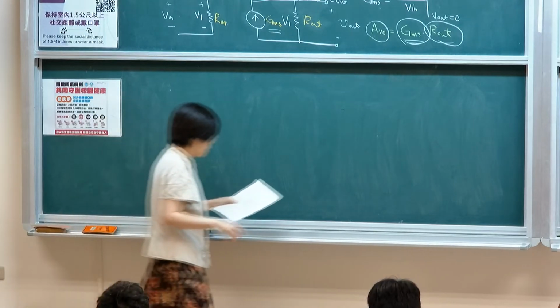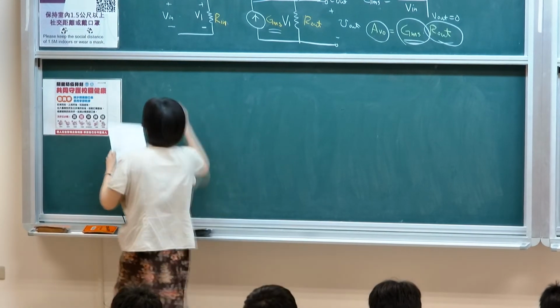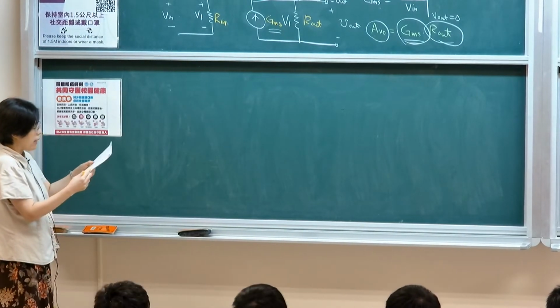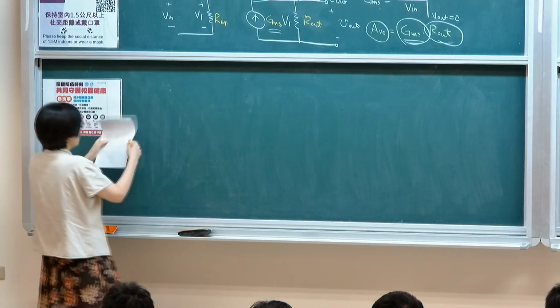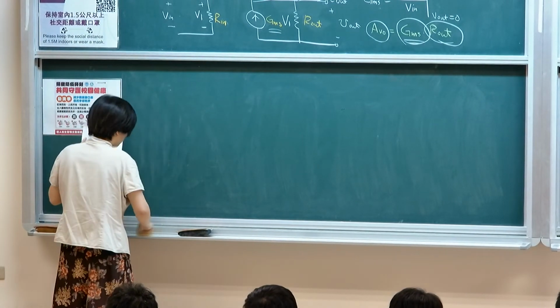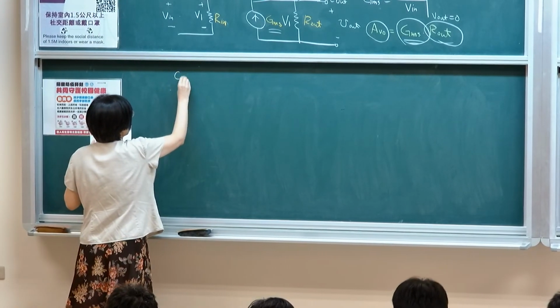So let's look at its structure. As I said, the main reason is to deliver high output resistance. So let's look at a cascade current source. Let me just write it down.